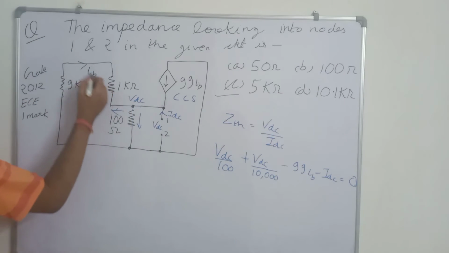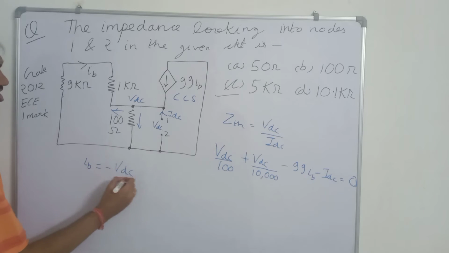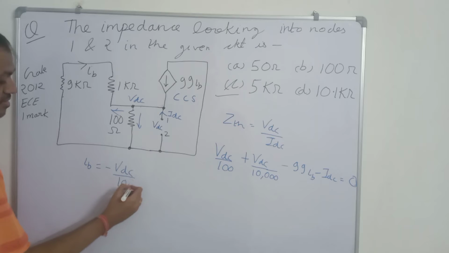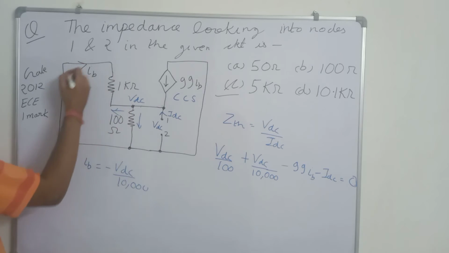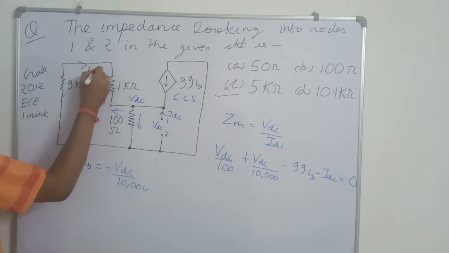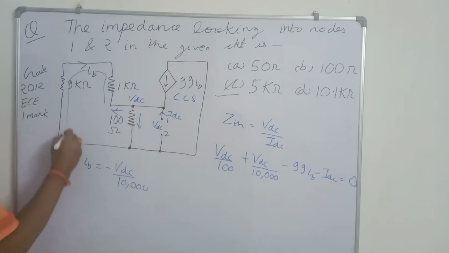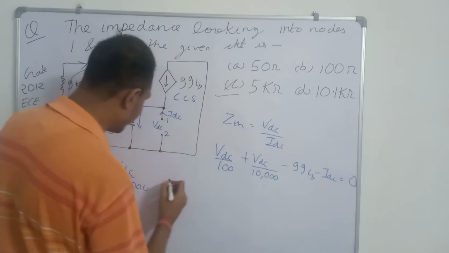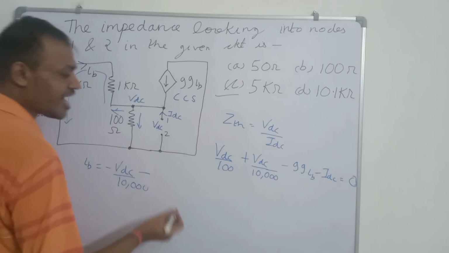But IB is this current, so IB is equal to minus VDC upon 10,000, because this current VDC upon 10,000 is nothing but minus IB. So IB is equal to minus VDC upon 10,000. We can substitute this value of IB in this equation.